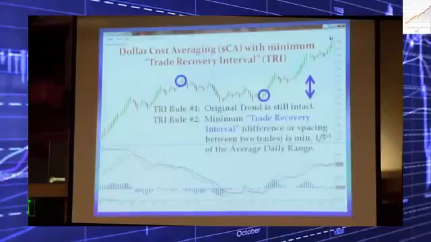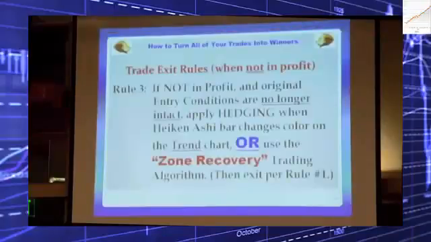Difference or spacing between 2 trades is minimum 1/5 of average daily range, and you've got maximum 4 additional trades after the first one, right? That's the 5/5. So trade exit rules: if not in profit and original entry conditions are no longer intact, apply hedging, and when Heikin-Ashi bar changes color on the trend chart.